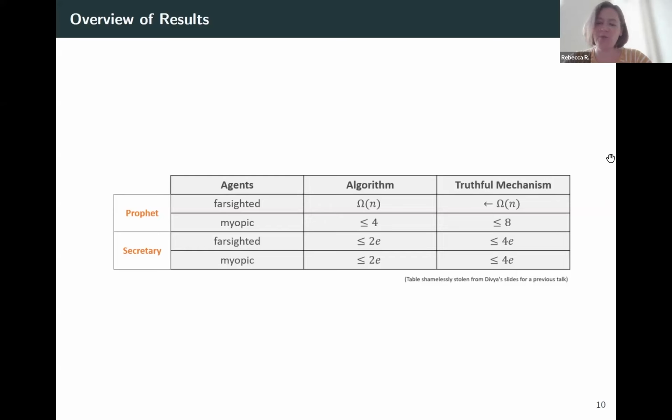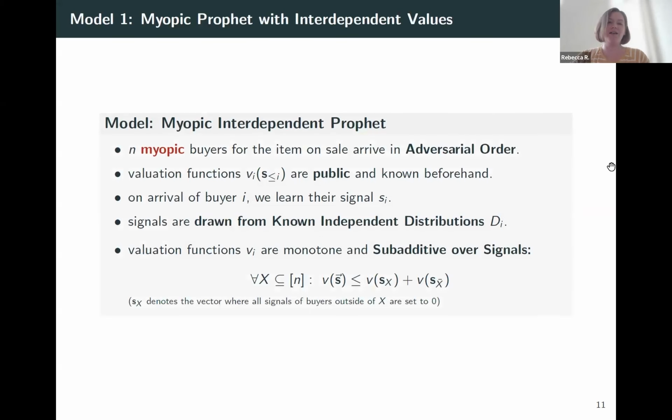Okay, into our positive results. I would like to start with the Prophet setting and show you why this assumption that buyers are myopic actually helps. Just to make clear that it's totally defined what we're talking about, let's just review the setting as a whole. So we assume that the buyers are myopic. The order they arrive in is adversarial, as is normal in Prophet inequalities.